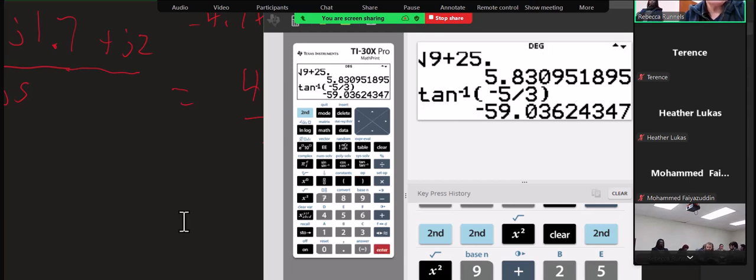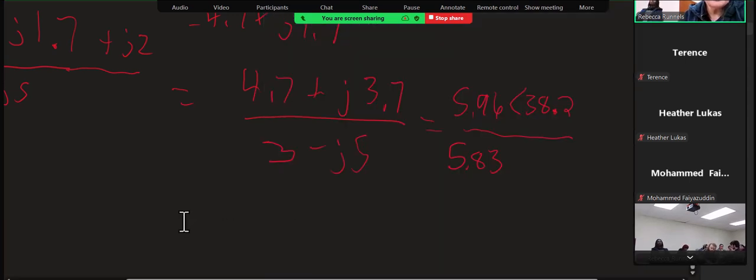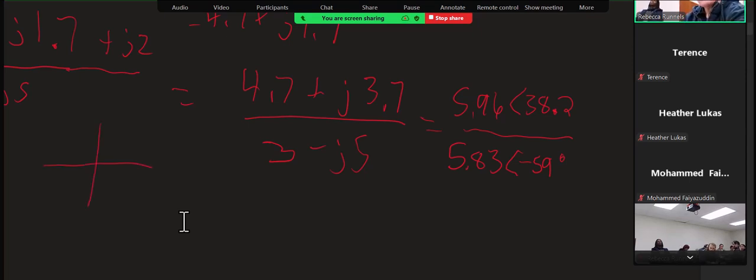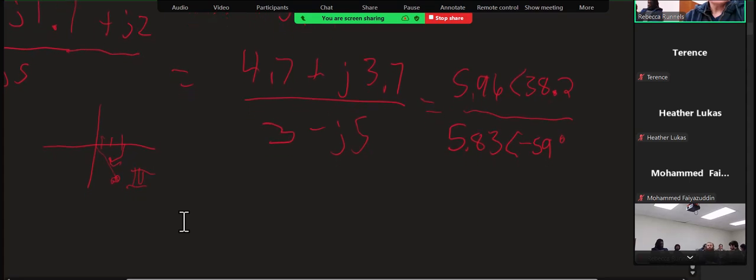And I get negative 59 degrees. Now, do I need to add or subtract anything to that? Well, let's see. Our real part is positive, and our imaginary part is negative. So that puts us down here in quadrant 4. Quadrant 4, that's okay, because negative 59 degrees, that's where I am. So I don't actually have to do anything on this one. I can leave it the way it is.